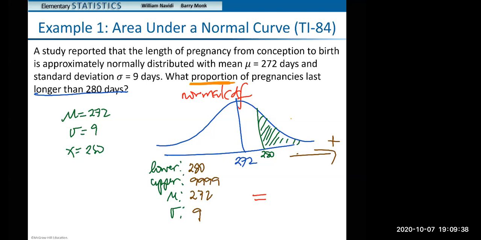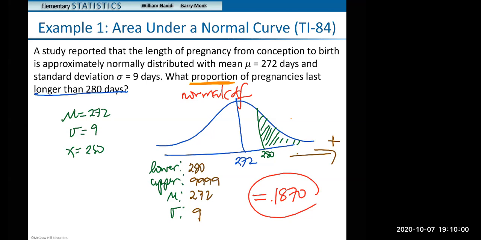What did you get? Oh, sorry, I didn't see it. Yes, Louise has an answer. So, I got 0.1870. Yes, that is correct. No, I had for the upper, I had entered 272. I did it wrong.